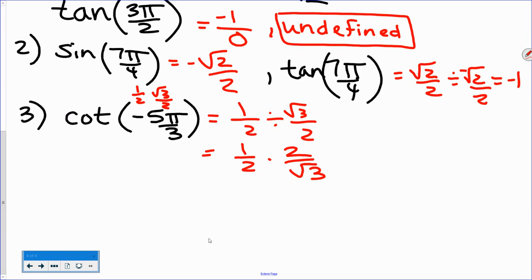Okay, so this would turn into, my 2's would divide. So I get 1 over the square root of 3, but we never left it as 1 over the square root of 3. That turned into square root of 3 over 3, which is what we wrote down. We had cotangent of 60 degrees in our table.